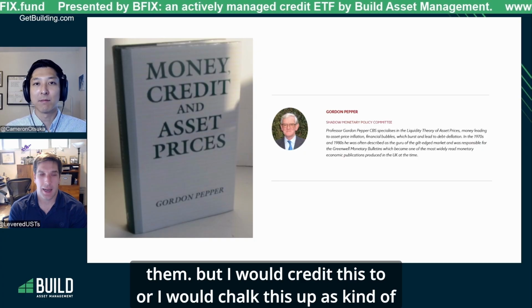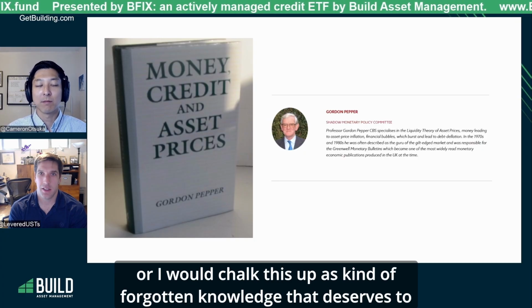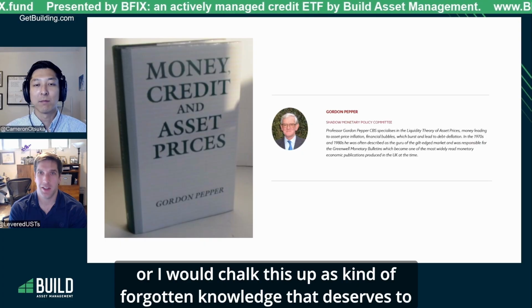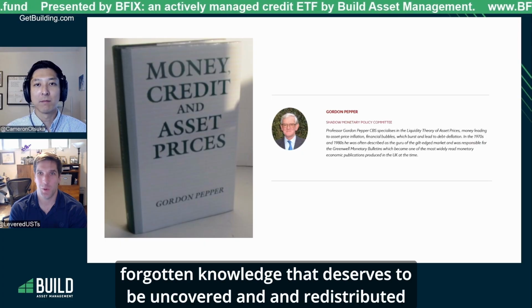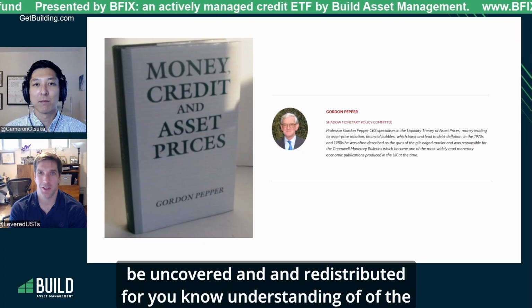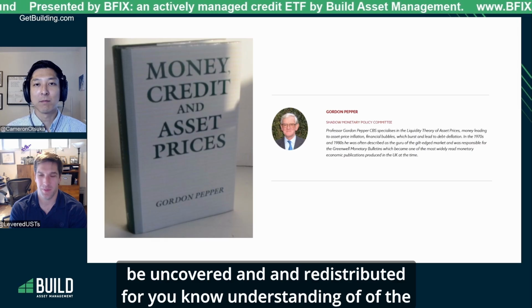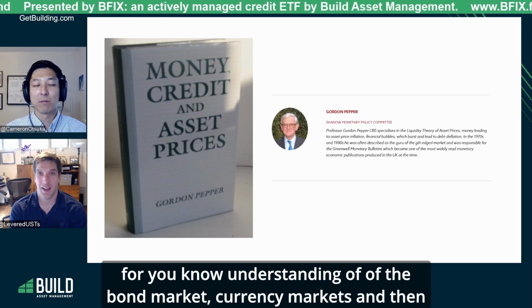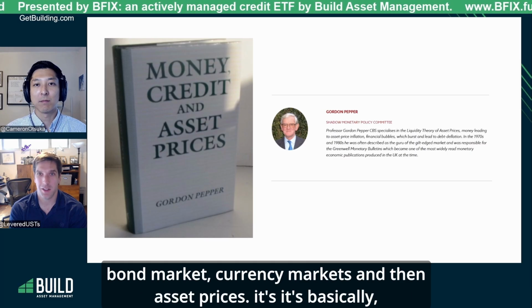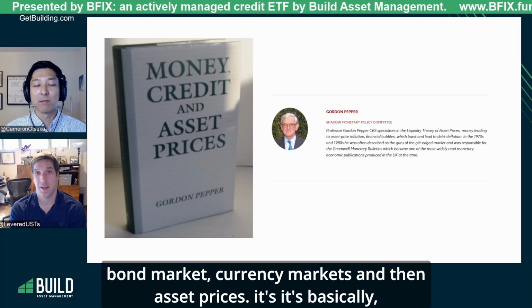But I would chalk this up as kind of forgotten knowledge that deserves to be uncovered and redistributed for understanding of the bond market, currency markets, and then asset prices.